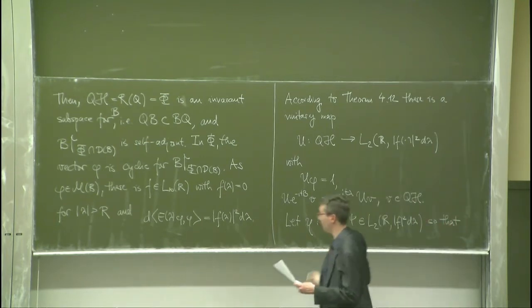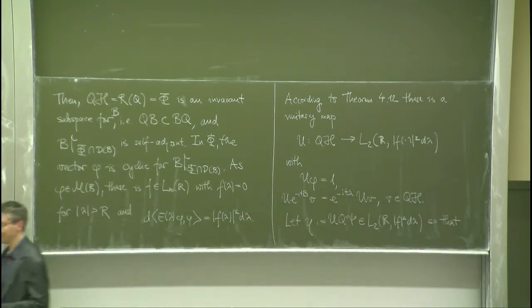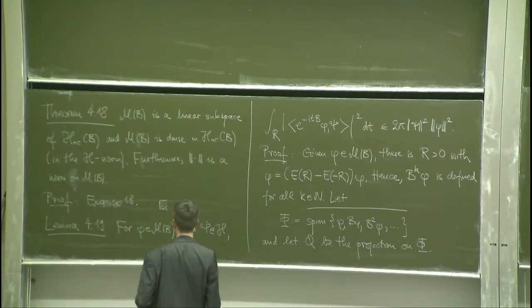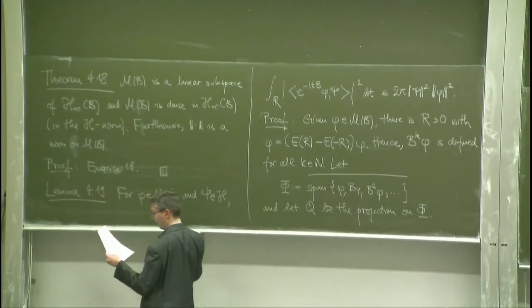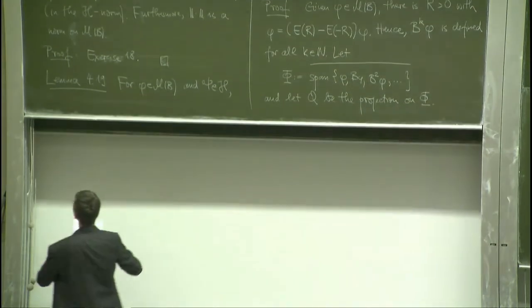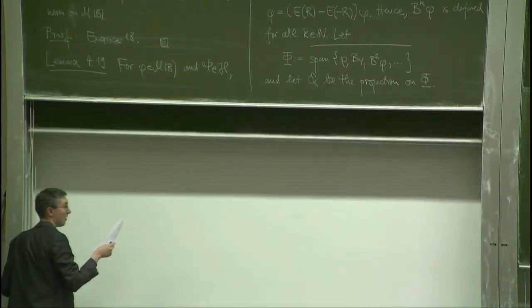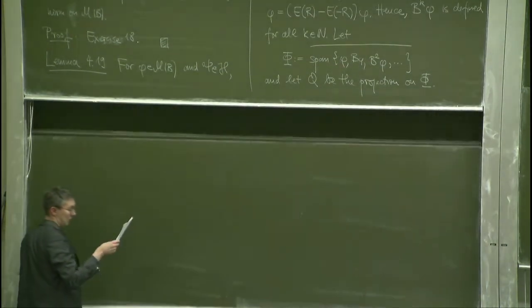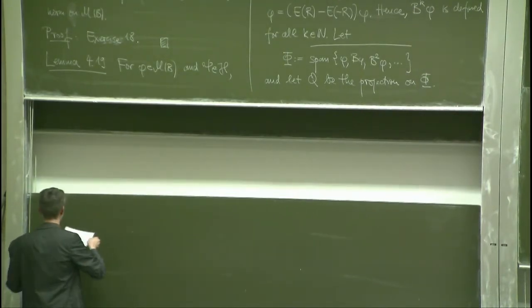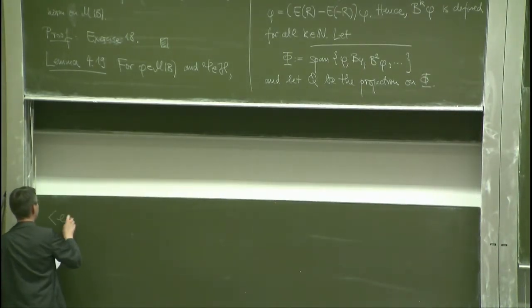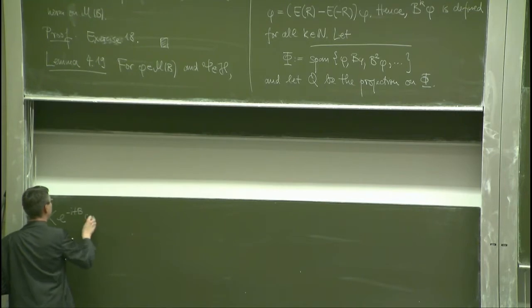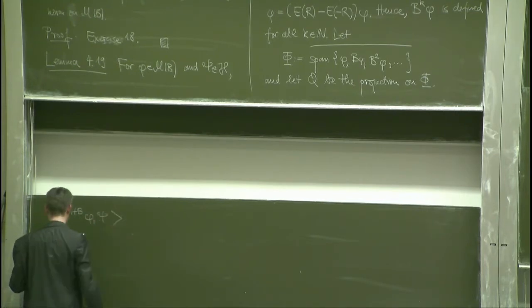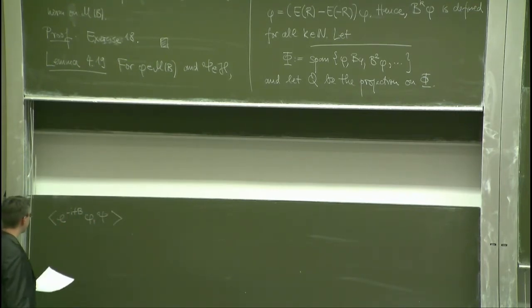With this abbreviation we get the following. Let us consider the scalar product of exponential minus ITB phi and psi. This is the object that we are interested in.